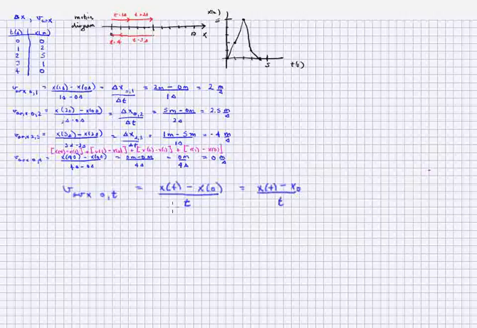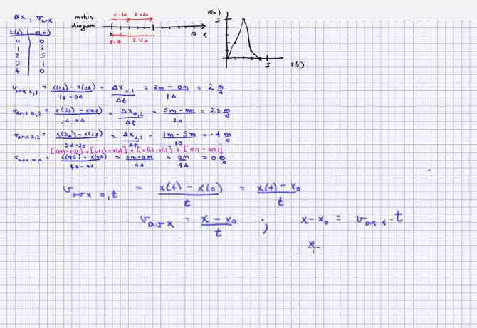And now we can rewrite this. We can take this expression and this expression and abbreviate this a little bit. So let me first of all rewrite it just as v_av in the x direction is equal to x minus x naught over t. So if we multiply through by t, we get x minus x naught equals v_av in the x direction times t.